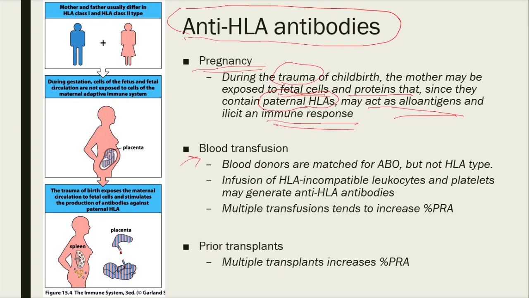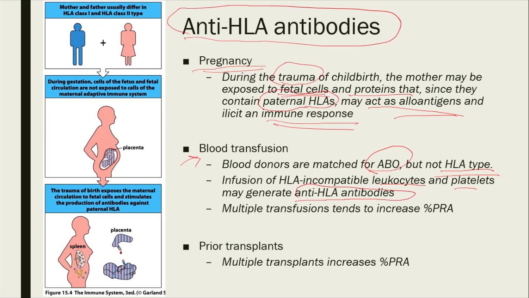And then the second one is transfusions. Okay, blood donors are matched for ABO, but not necessarily matched for HLA. So infusion of HLA-incompatible leukocytes and platelets, along with the rest of the blood, may generate anti-HLA antibodies.